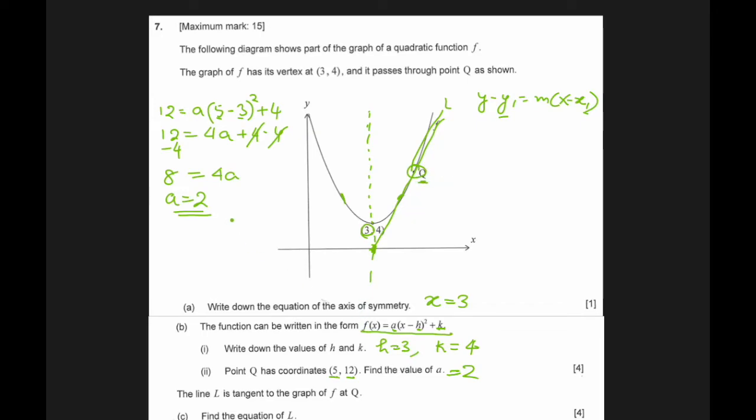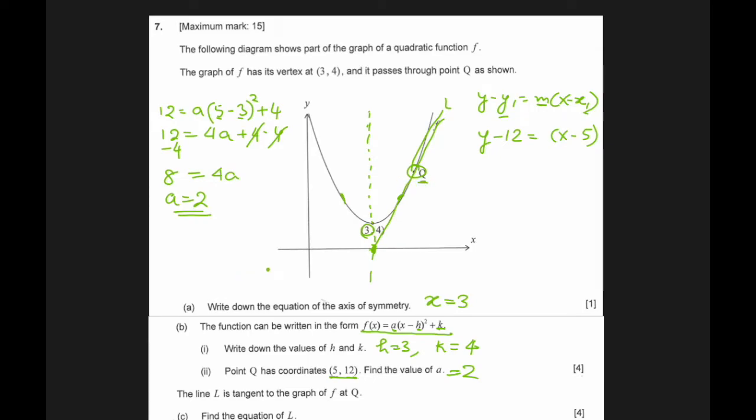Its coordinates are 5, 12. So in place of y1 we write 12, y doesn't change, and x1 is 5. The problem is m, the gradient. We have to find the gradient of this line at (5, 12).